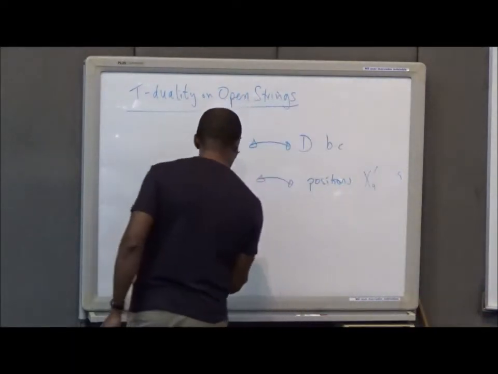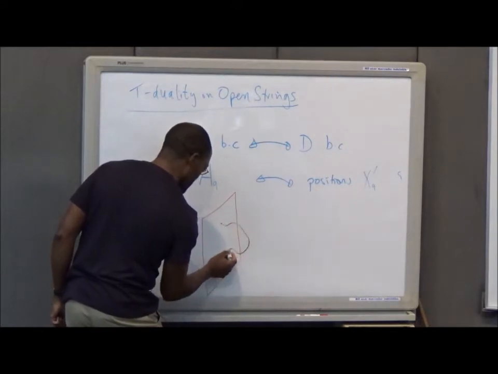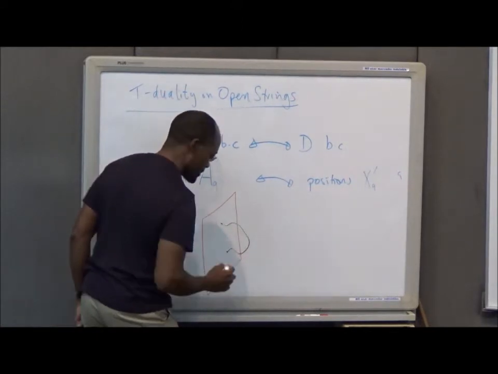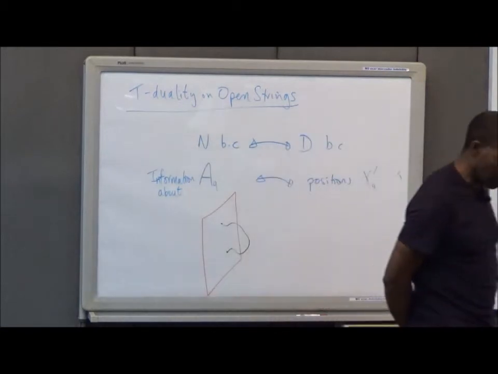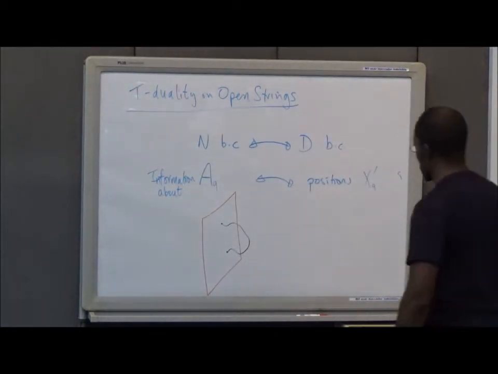These objects are defined by the fact that strings can land on them in that Dirichlet direction.